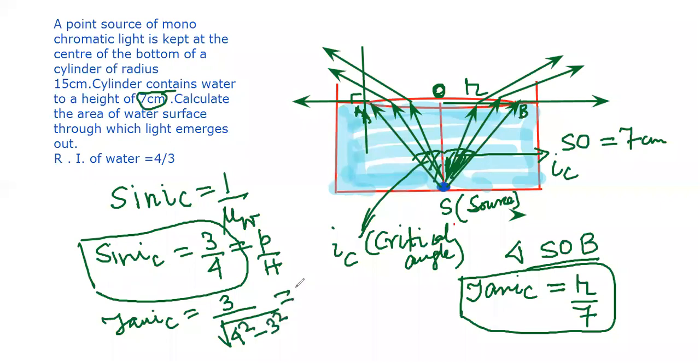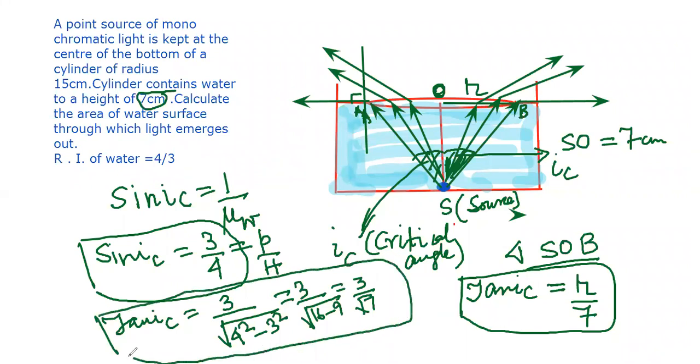So this is 3 by root over of 16 minus 9, which is 3 by root 7. So you got the value of tan IC to be 3 by root 7.